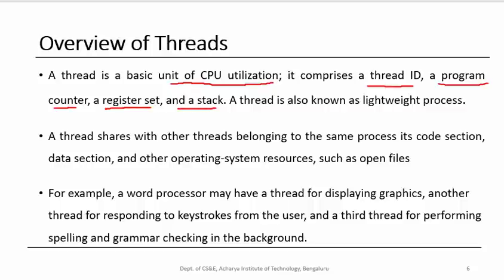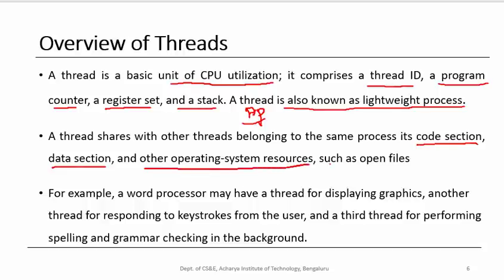So because the thread lives in the address space of the process, thread can also be called a lightweight process, whereas an actual conventional process is a heavyweight process. Okay, so like I said, this thread shares the code section, data section, and other operating system resources such as open files of the process in which it lives.